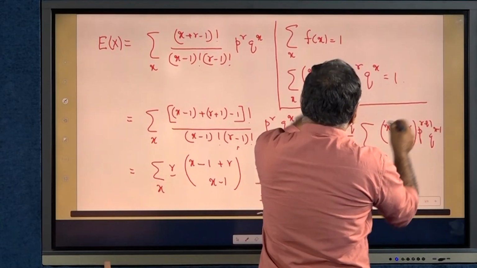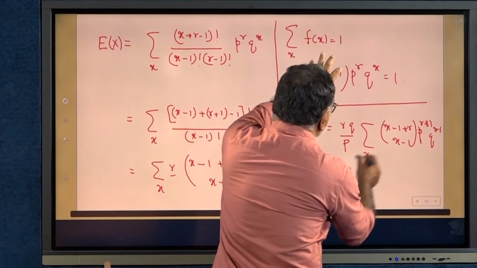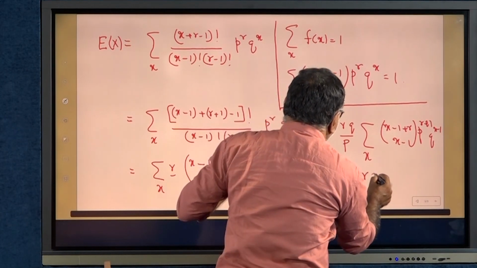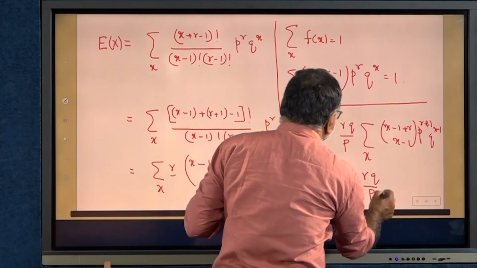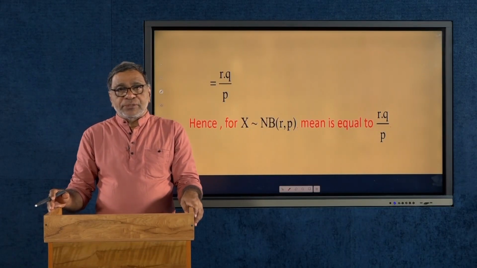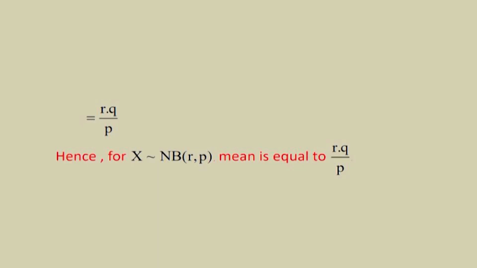And using this expression, this is nothing but 1. So, this is equal to r q divided by p. Hence, for a negative binomial random variable with the parameters r and p, mean is equal to r q divided by p.